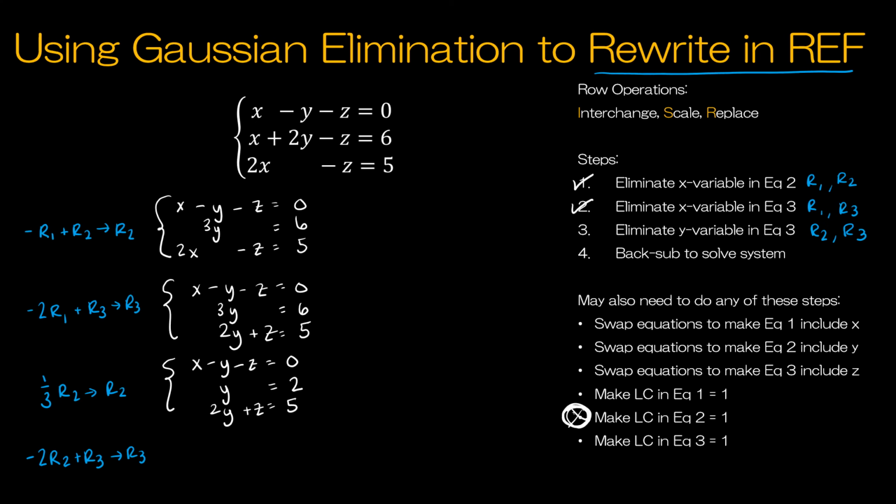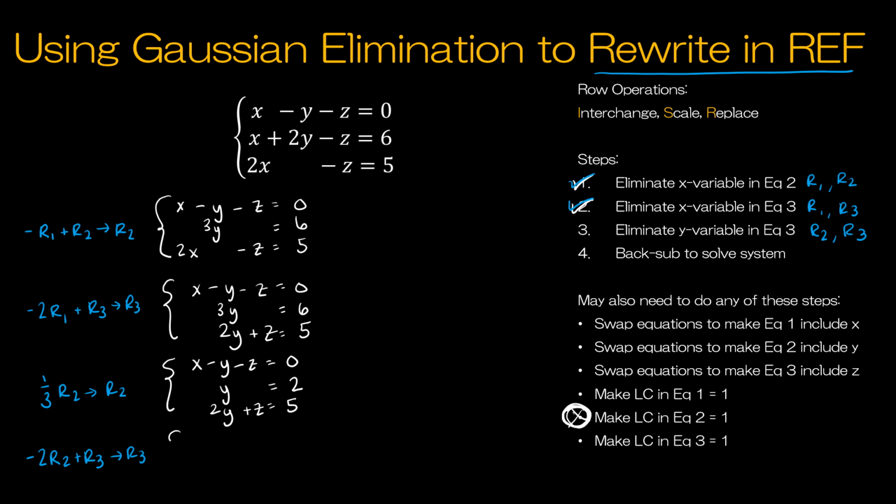Now, why would I not want to use row 1? If I used row 1, I would only have to multiply it by 2, but look what would happen. 2x plus 0x would now give me 2x down here in row 3, and I don't want any x's in row 3. So it doesn't make sense to go back to row 1. You use that for step 1 and step 2, and then you switch to row 2.